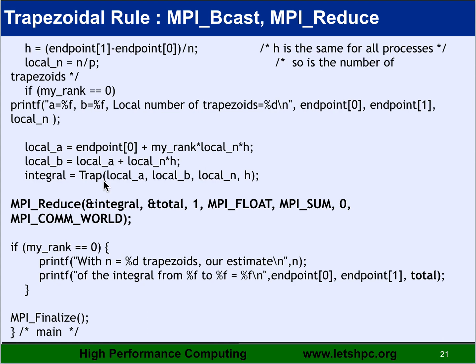Once this integral has been calculated for the sub interval, we can use MPI reduce to pass that integral to one of the processes. In this case the root process is 0, so you can see 0 here. All the processes send their local integral to process 0, and process 0 finally gets the final sum, and we can print that final sum through a print statement in process 0.